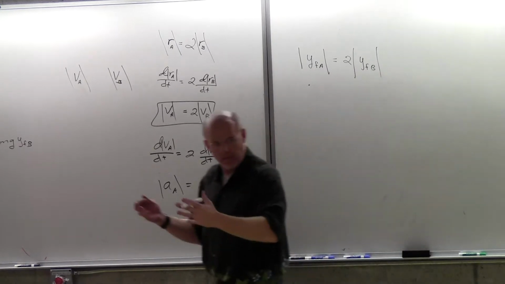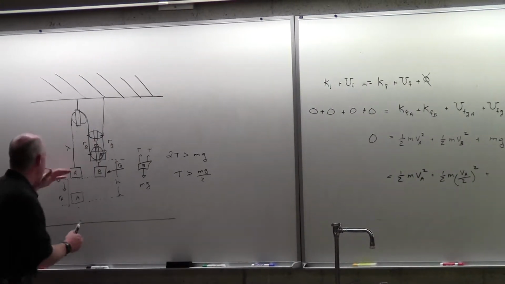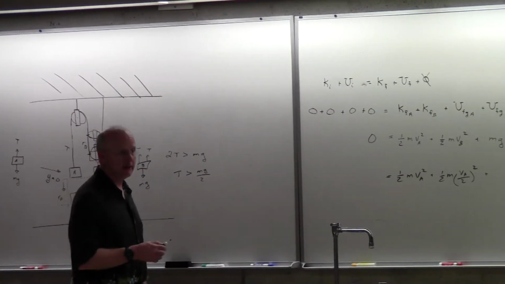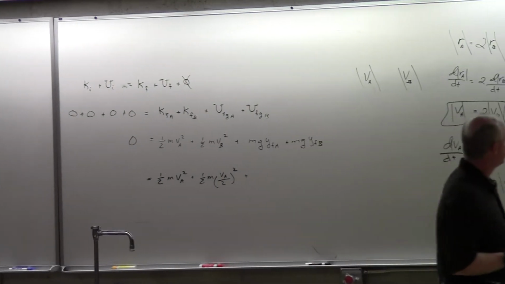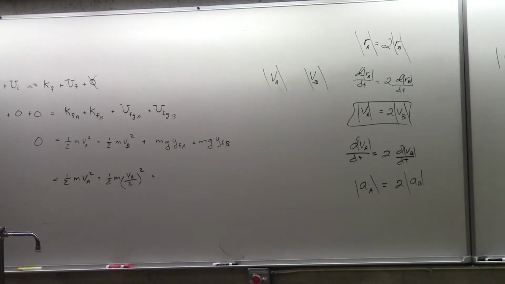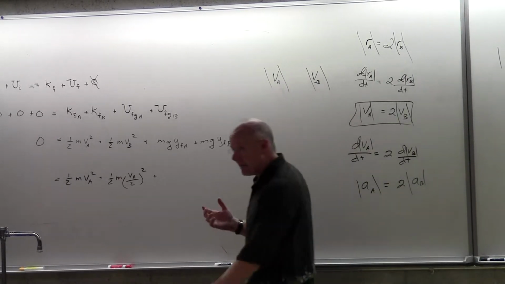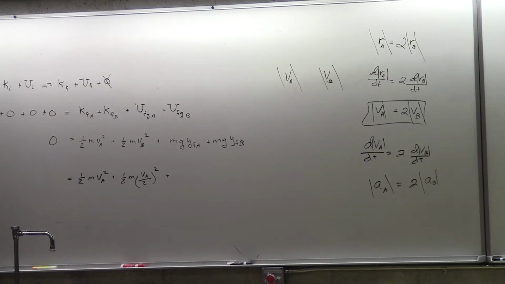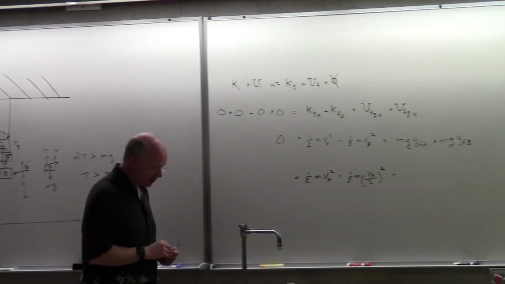So if B goes up a meter, then A is going to go down 2 meters, right? And so there's my absolute value. Of course, now that's absolute value. So here's where it gets maybe a little more mathematically tricky. That's why I would have not picked y equals 0 here. This is going to go down.